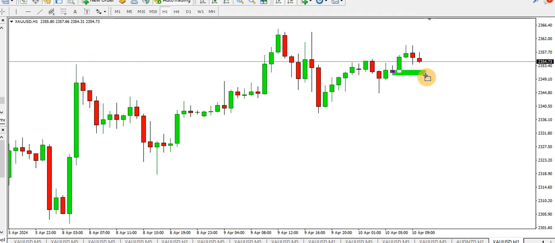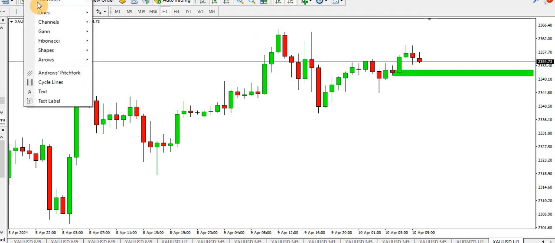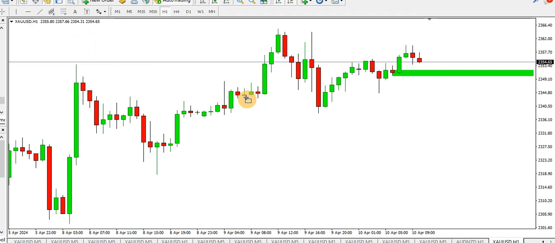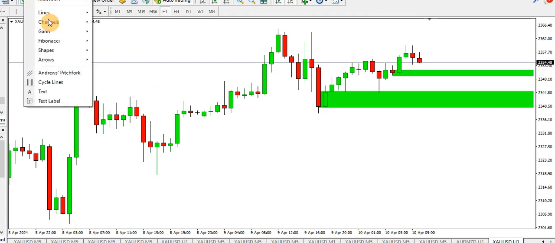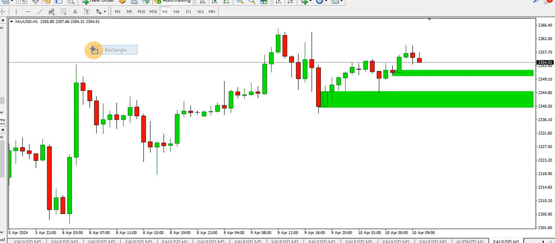We have the closest one around here, which is at 2350 level. We have another one around here, which is at 2342 level. We have another one around here.